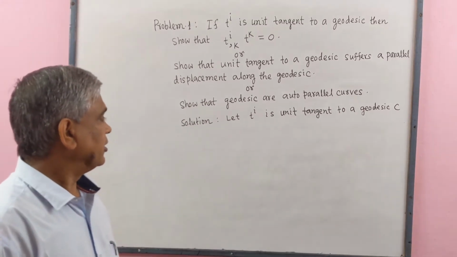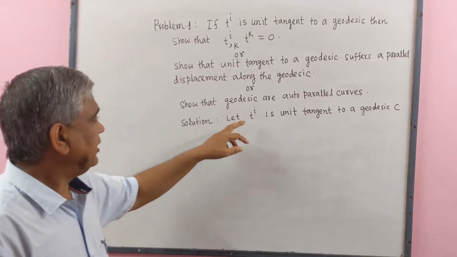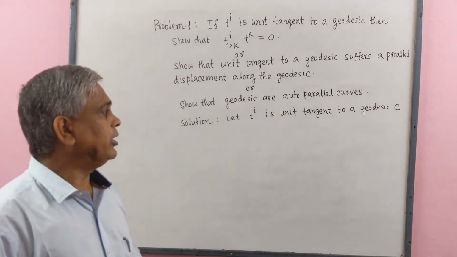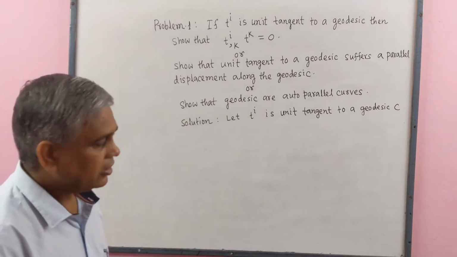Now we solve this. Let Ti be the unit tangent to a geodesic curve C.